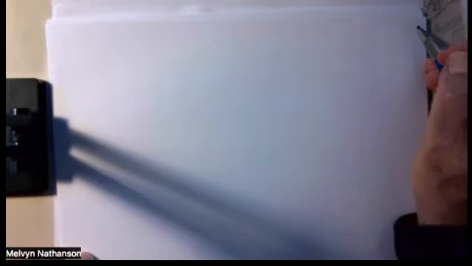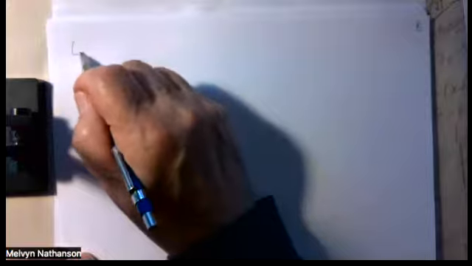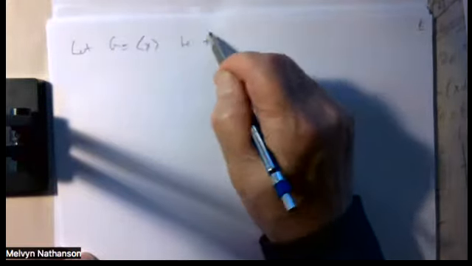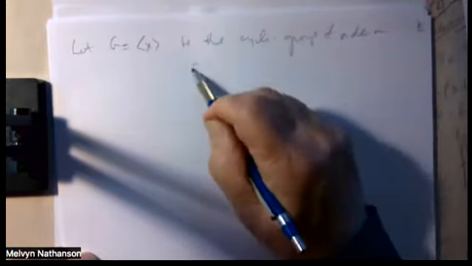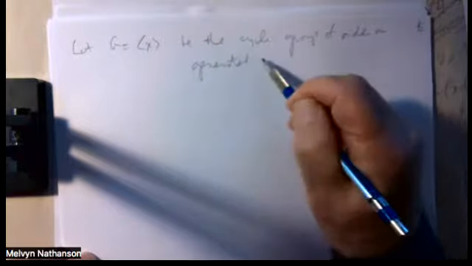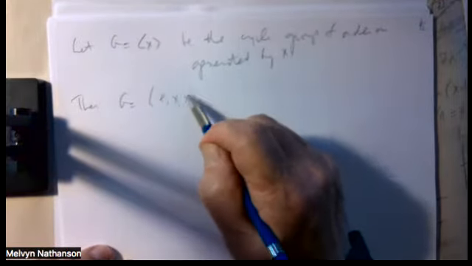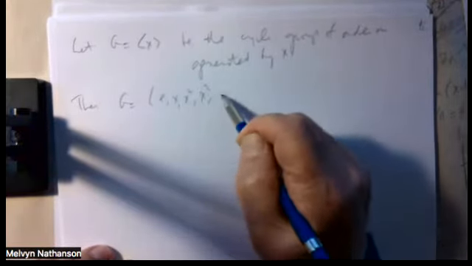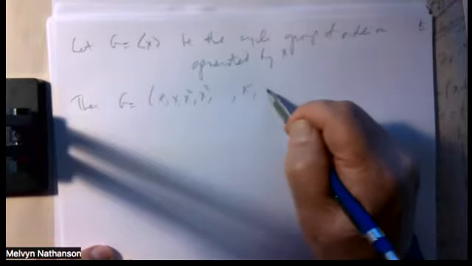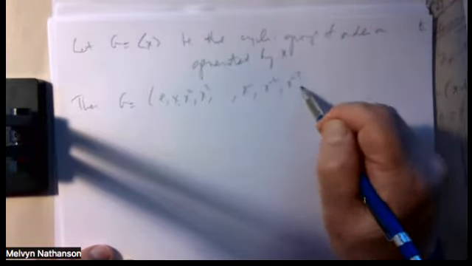If we write this in multiplicative language, suppose we let G be the cyclic group of order M generated by X. So this means G is all powers of X: E, X, X squared, X cubed, and so forth, and X inverse squared, X inverse cubed, and so forth.